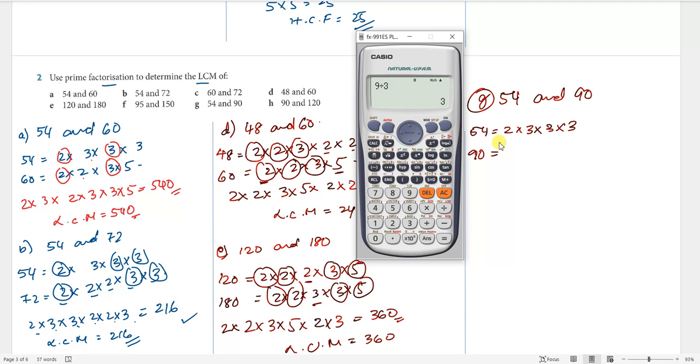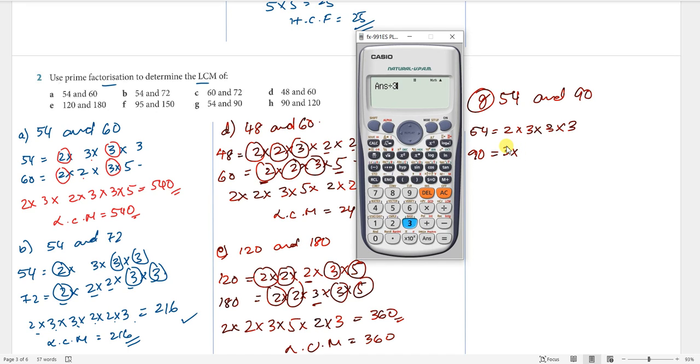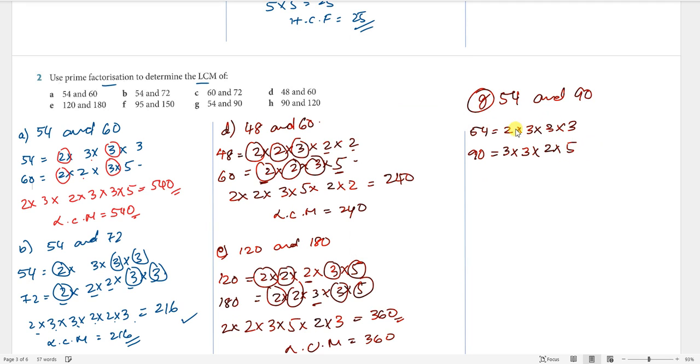90. So 90 divided by 3. Okay. Again divided by 3. Okay. And now 10 can be divided by 2. So we write this 2 first. And the answer here is 5. So 5 is a prime number. We stop. Or if you want, you can divide by 5 also. You get the answer 1, which is not necessary to write. So let's circle.